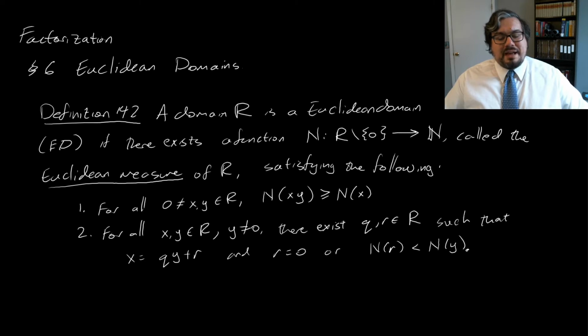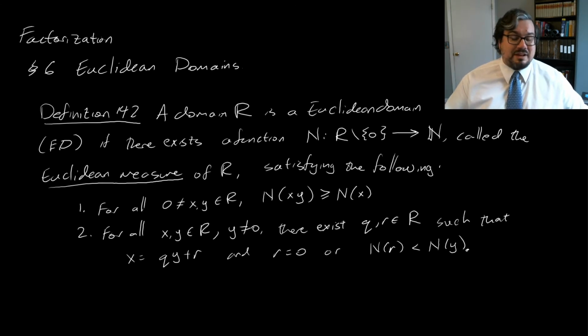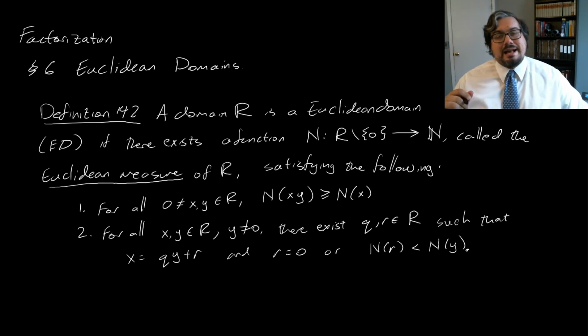So showing that a domain is a Euclidean domain means giving an example of such a measure that does this, and showing that a domain is not a Euclidean domain involves showing that there is no function that satisfies these properties. Of course, that second condition there is the more difficult one.